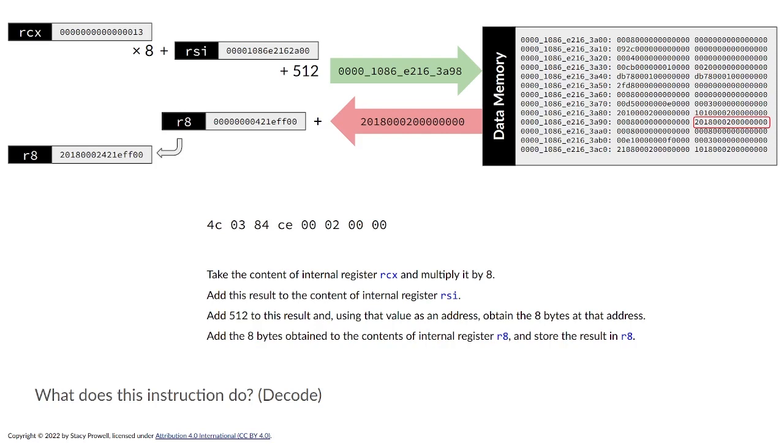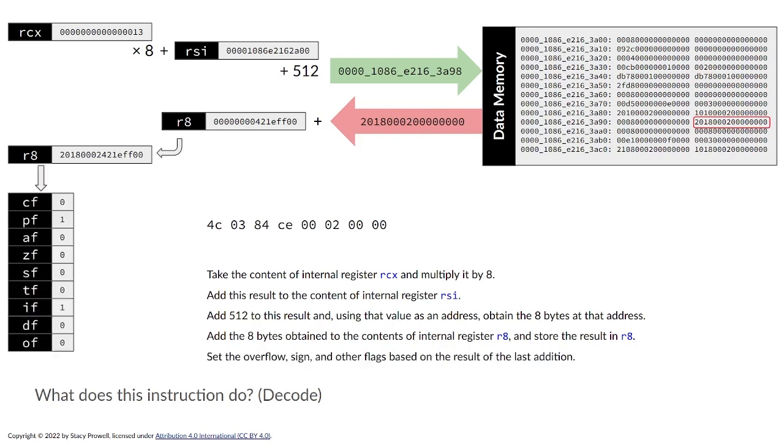Finally, I update flags. So your processor has what's called the condition code register, or the flag register. And these hold information about the most recent operation. If the most recent operation resulted in a value of 0, the zero flag will be set.